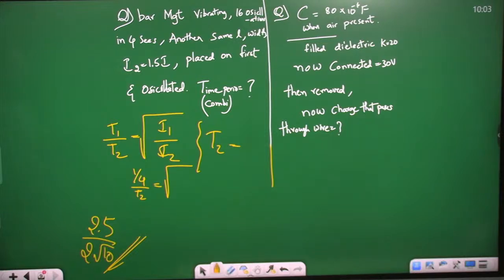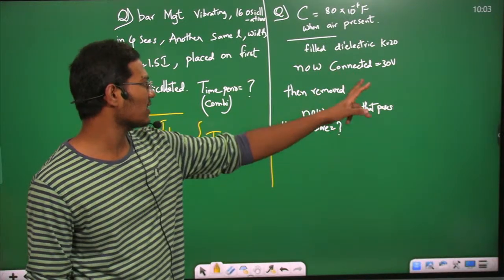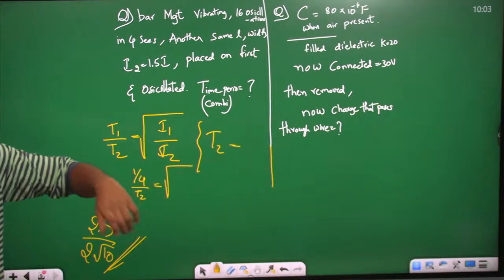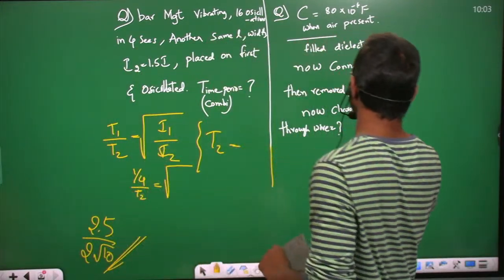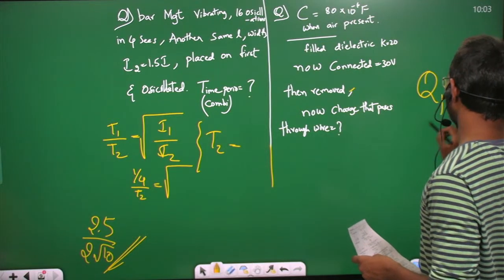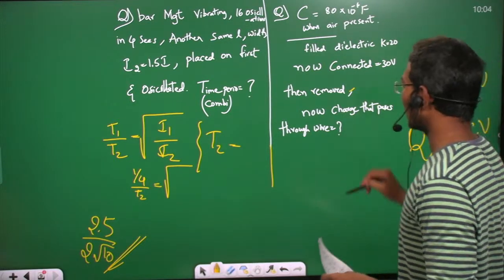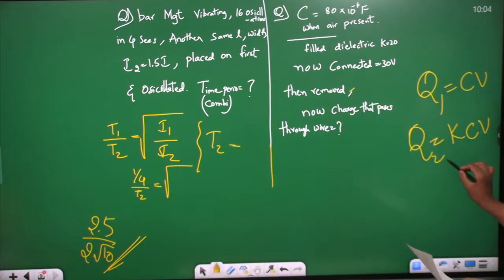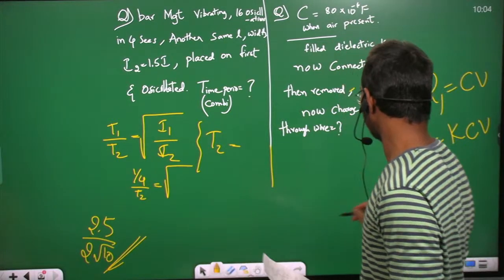So when the dielectric is now removed, so how much? See, it's filled with dielectric, now connected to the battery. You are thinking that voltmeter is removed. Why will voltmeter get removed? See, dielectric is removed, then initial Q1 is CV, Q2 is kCV. When dielectric is removed, it will be still Q2, right? So the difference between these two charges will flow through the wire.